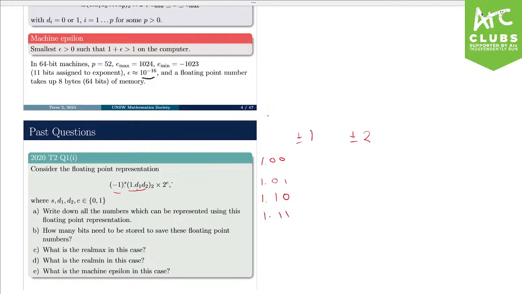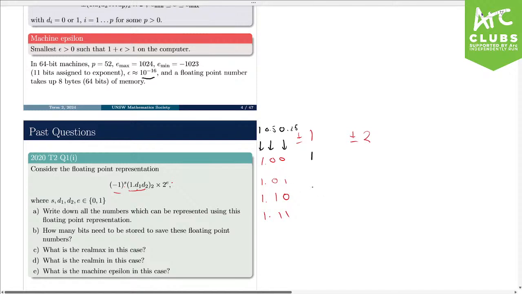The next thing we have to do is translate these representations into actual numbers. So 1.00 is just 1. This first bit represents 1, the next one is 0.5, and then the next one is 0.25.